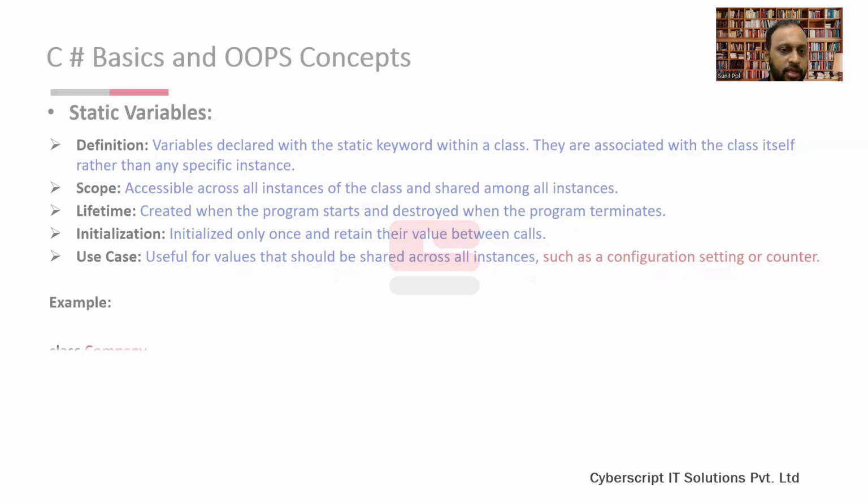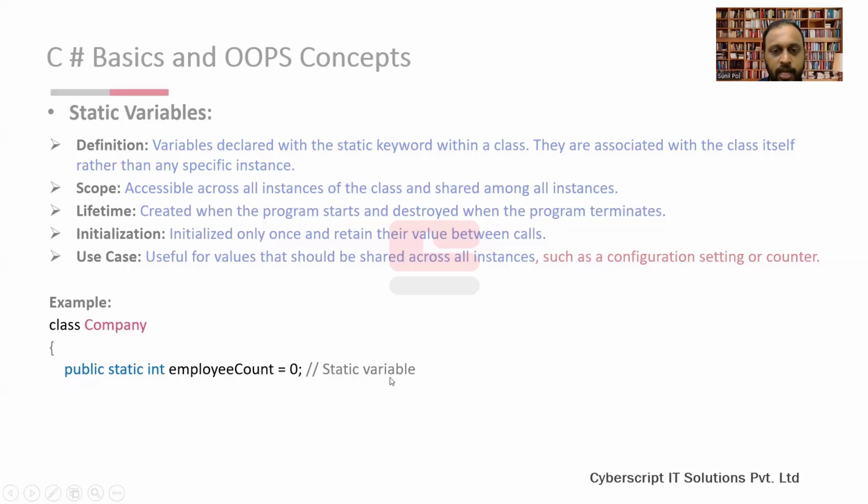So let's have one example for it. So we have declared one class company in which there is the attribute employee count, public static int. So here we are using the keyword static over here. So this is static variable. To identify the variable whether it is static or not, you need to check whether this keyword is used at the time of declaration or not.